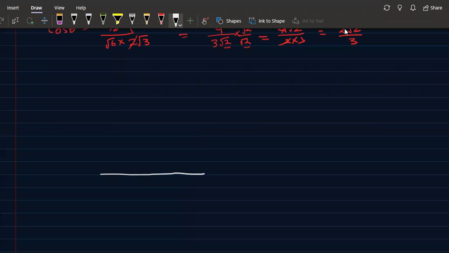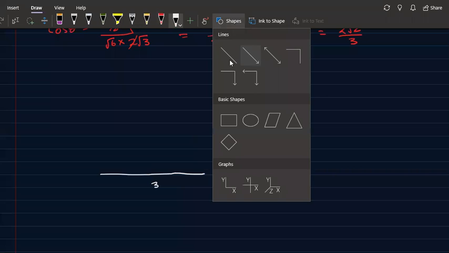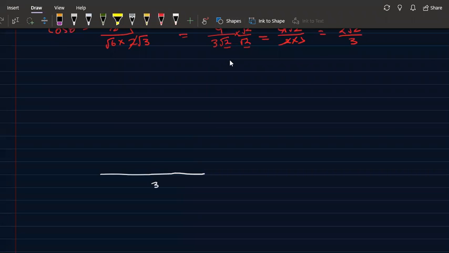Yes, this is 3 units in the x-axis along your length. Then you traveled 1 unit in the y-axis. Okay? Fine with that? Yes or no?